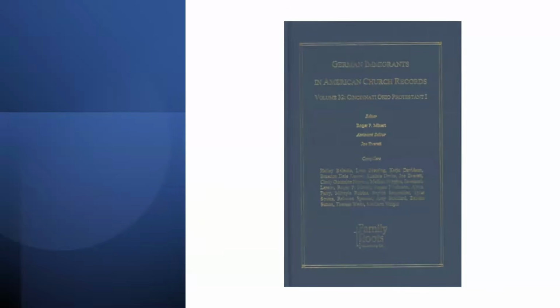So once you know the state where they lived, you can check the volumes that include that state. There are 2 volumes of GIACR for Cincinnati, Ohio, just the city of Cincinnati alone, where William Mans was living, according to those census records.